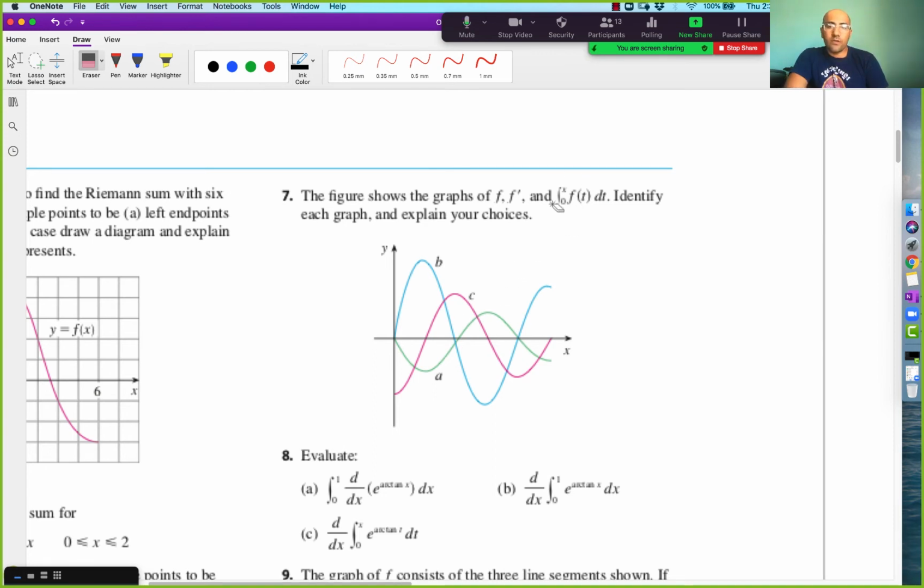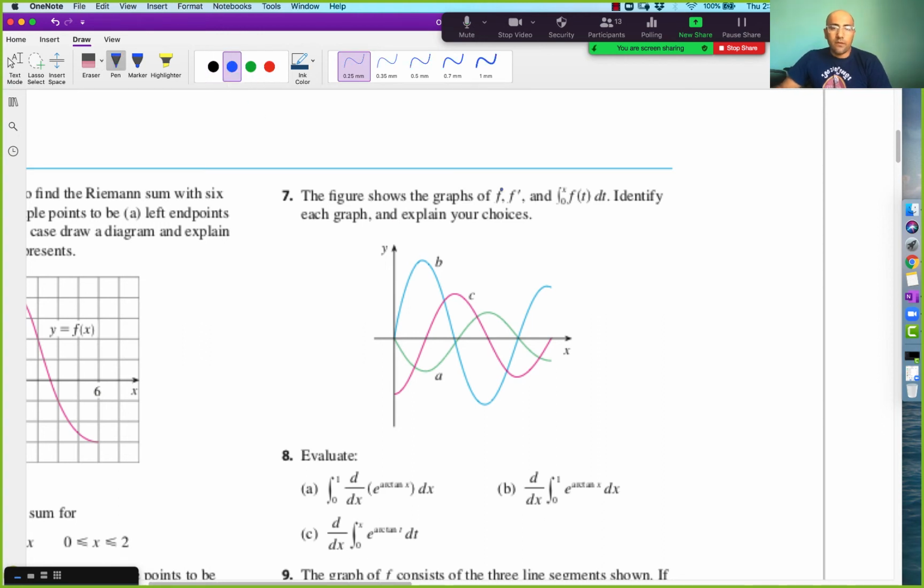Well, this one can only possibly be either B or C. I was going to go with B as the original and C as the derivative. That's right. Maybe that's wrong.